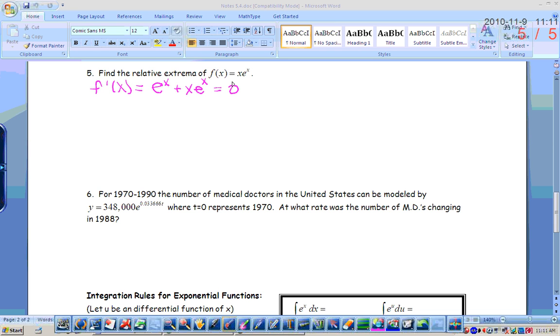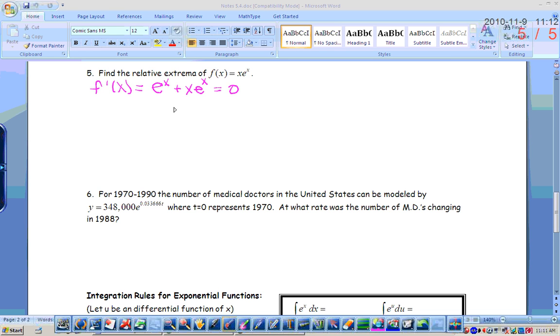Is there any place that derivative is going to be undefined? If x is 0, I'd have e to the 0, which is what? 1. Yeah. The domain of e to the x is all real numbers, so you don't have a problem there, and you don't have any x's in the denominator, so the derivative will never be undefined.